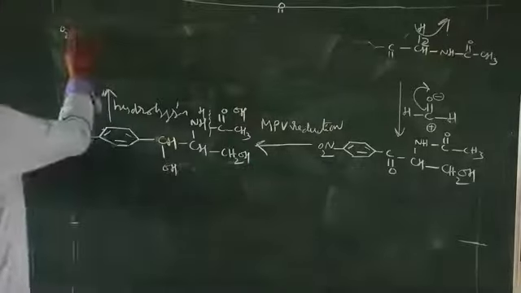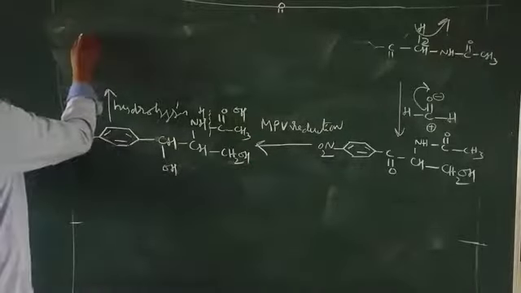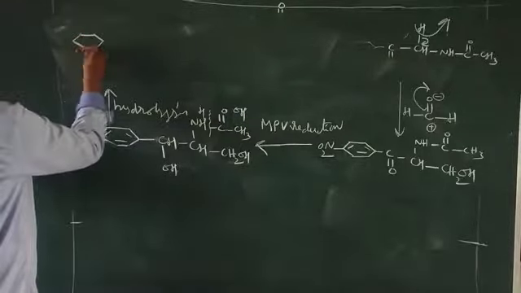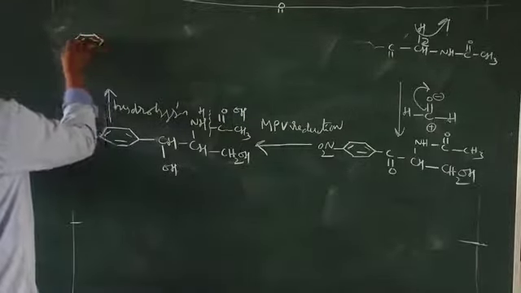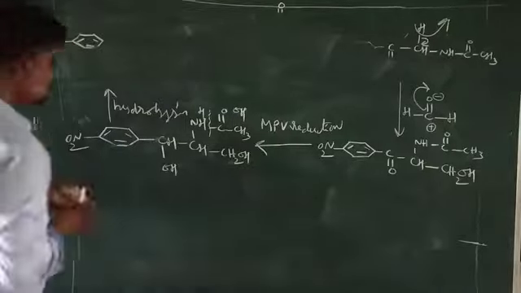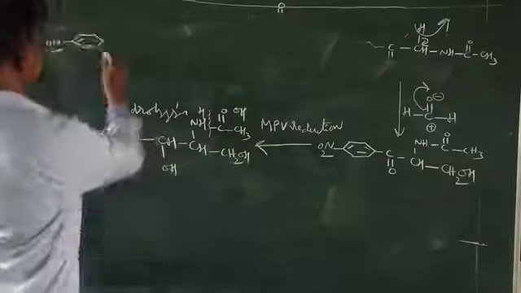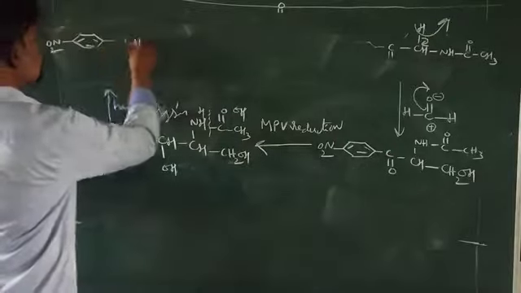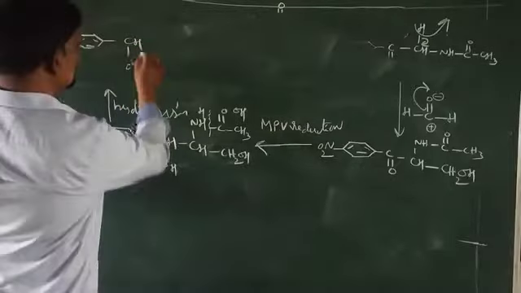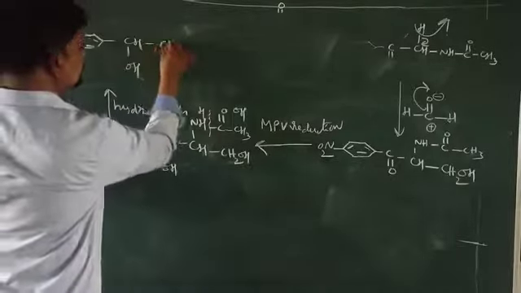Now next step, as usual the benzene ring and NO2, and the remaining portion CH and alcohol group bond CH.